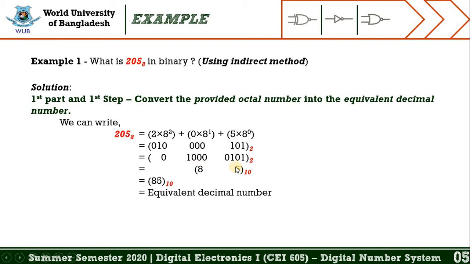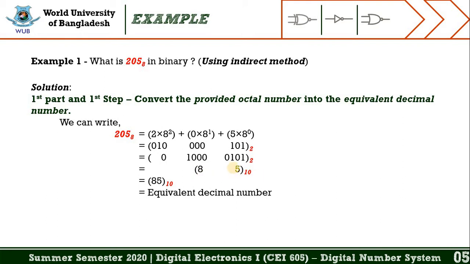So our group formation is 1010, 0001 and 0, and the leftmost 0 we can ignore because there is just one digit in this group.